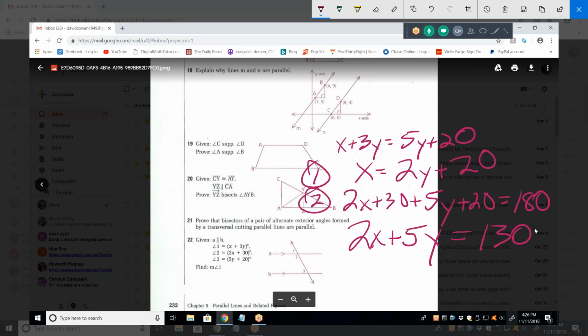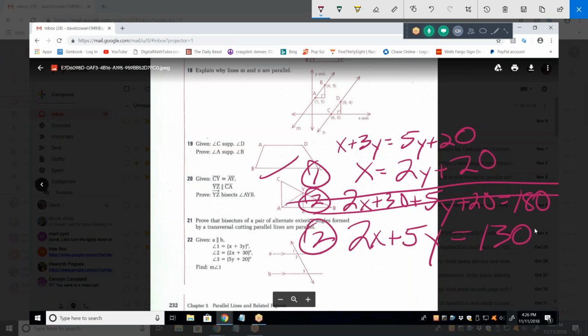Now, how am I going to solve this, equations 1 and 2? By substitution or elimination? Whenever you have one of your equations fully solved for a variable, like 1 is, I think substitution is the easiest way to do it.